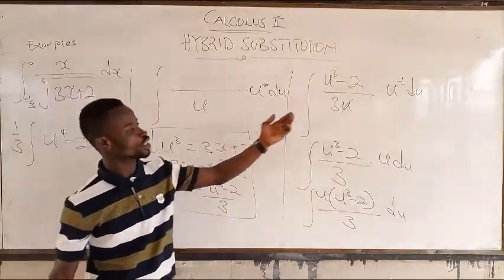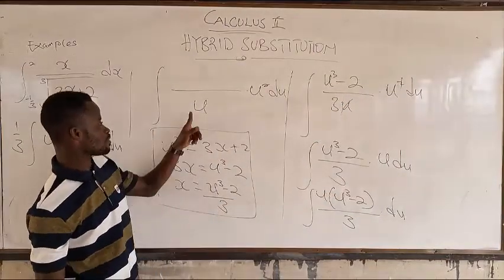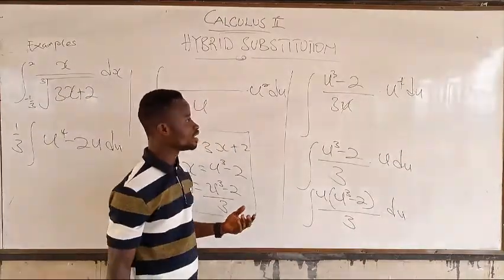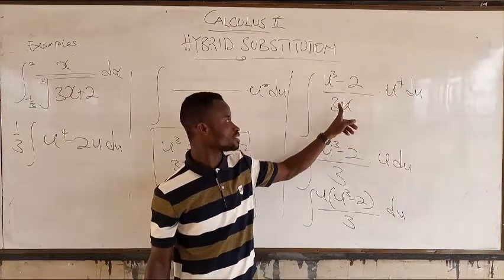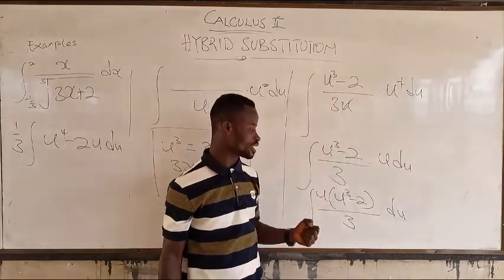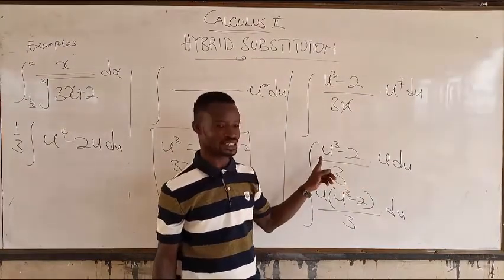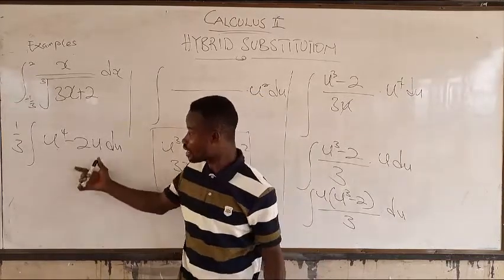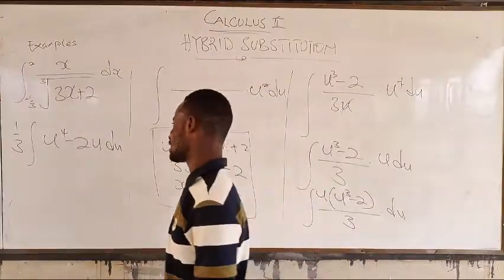By substitution, the 3 here will multiply this, then this one will cancel this, and we get that. The u here multiplies with this, and that's exactly what we have done. The constant is 1 over 3, and that is out. So let's move on and solve it.